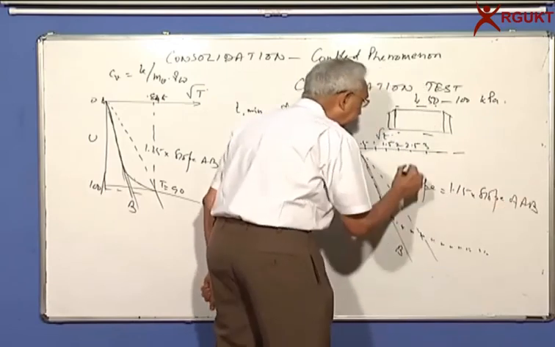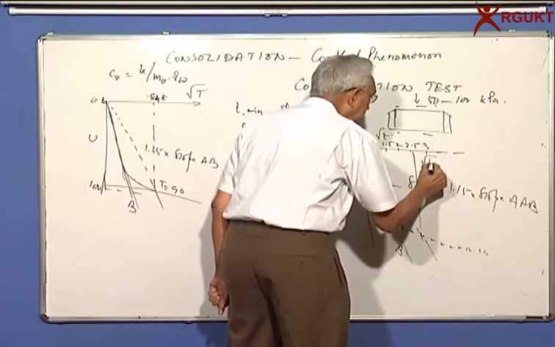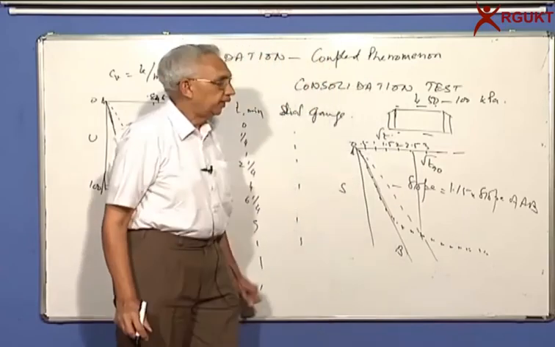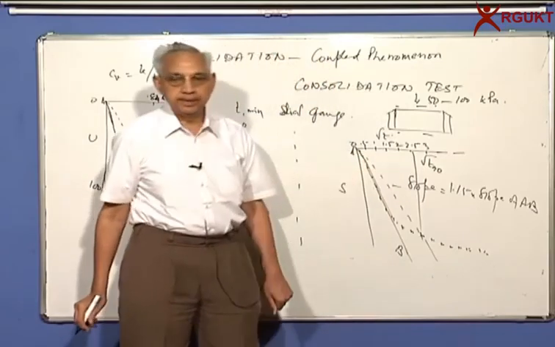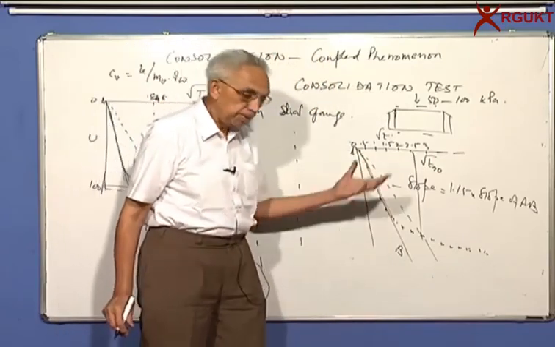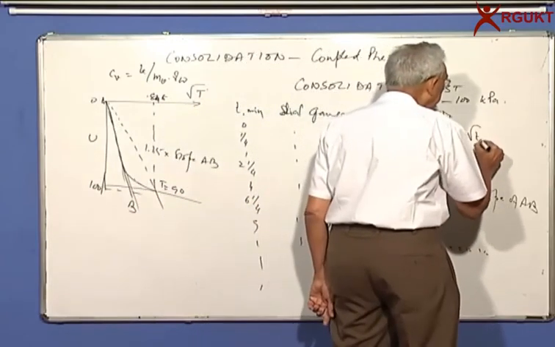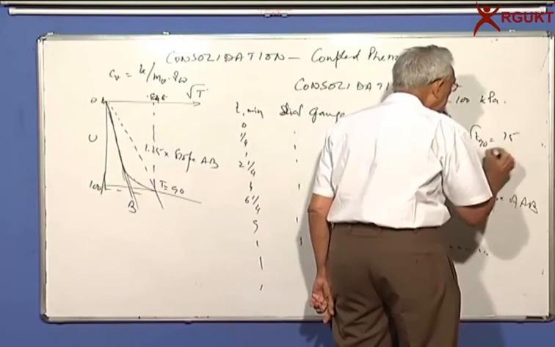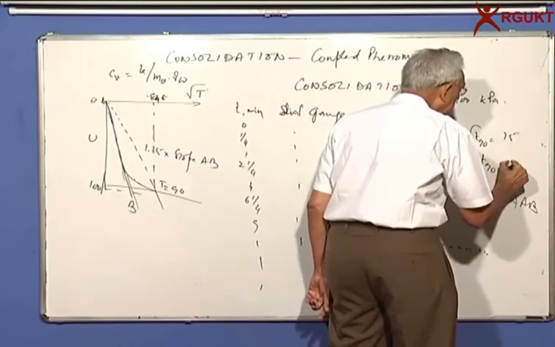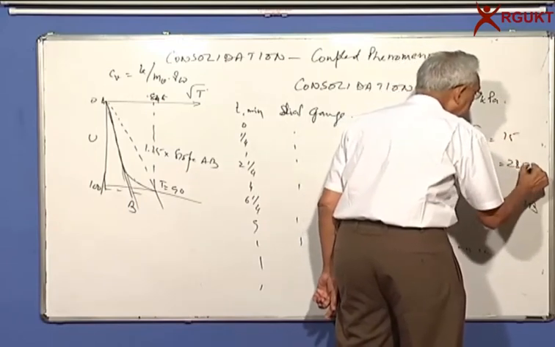And now you get the square root of T90. Let's say this value is something like 3 or 4, whatever it is, or maybe 20. Then I can say if the square root of T90 is say 15, T90 is equal to 225 minutes.